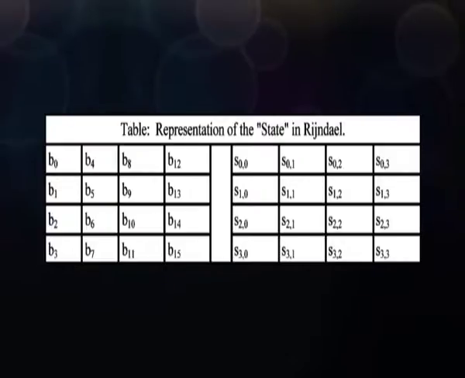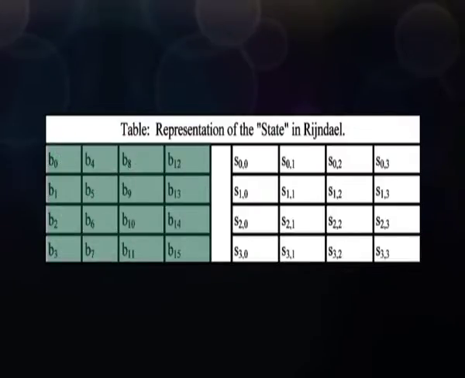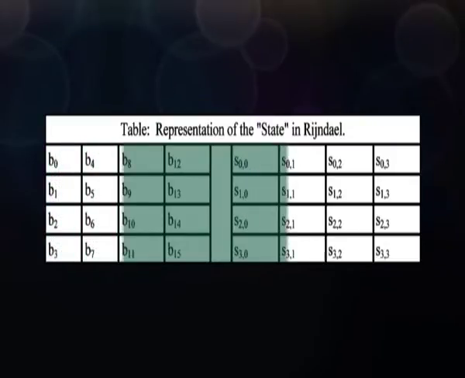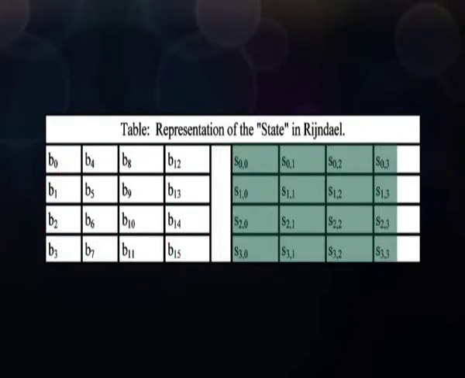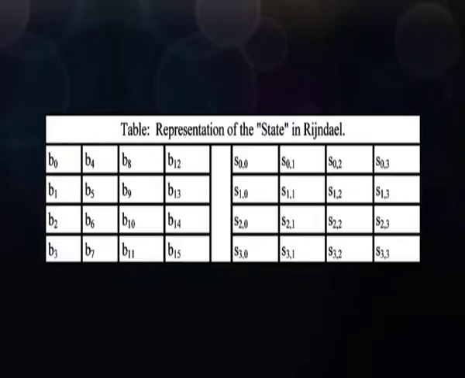Assume, for example, that the input is the 16 bytes B0, B1, B2, B3 up to B15 as shown on the left side of the table. These bytes are then represented in the state as shown on the right side of the table. Some operations in Rijndael are performed on columns of the state and some on rows, so this representation implements a form of transposition.